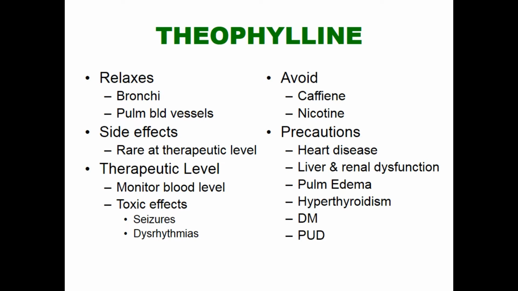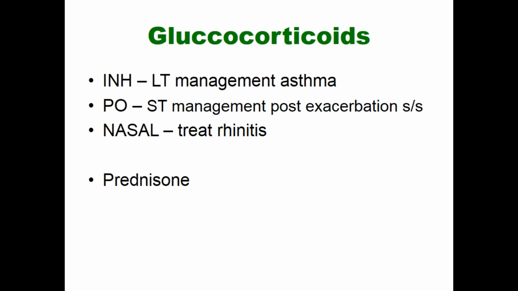So we have to monitor blood levels. We need to avoid caffeine and nicotine with this medication. And precautions include heart disease, liver and renal dysfunction, pulmonary edema, hyperthyroidism, diabetes, peptic ulcer disease.